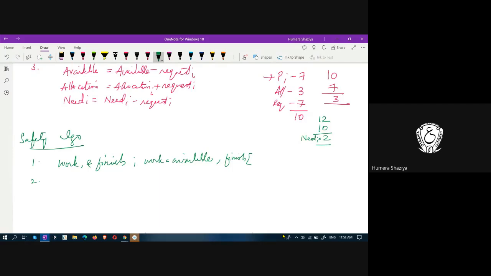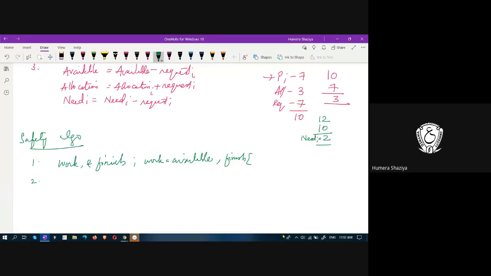a vector to keep track of whether the process has completed its execution or not. Therefore, the total size of the finish would be equal to the total number of processes. If there are 5 processes, you declare finish of 5.